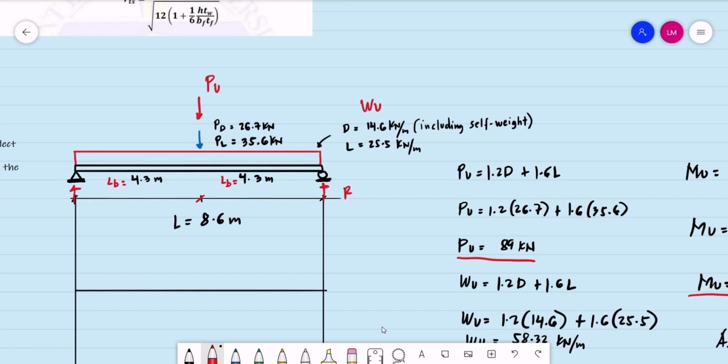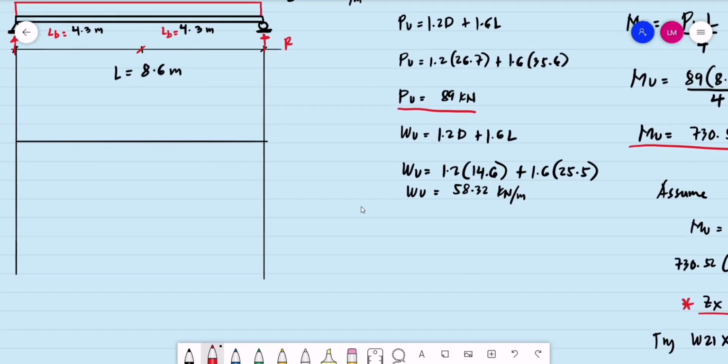So let's say our support reactions will be R. So by summation of forces vertical equal to 0, assuming upward forces to be positive, we have 2R minus P sub U, which is 89, minus 58.32, the total span is 8.6 meters, equal to 0.